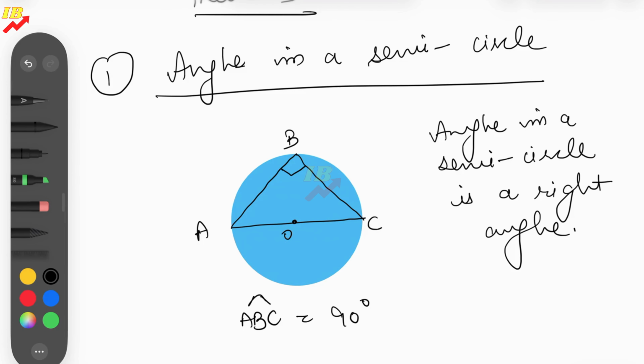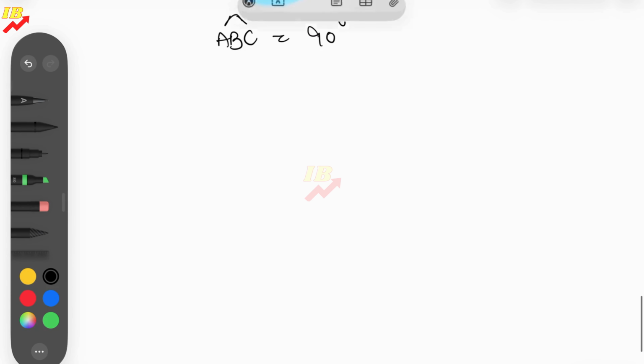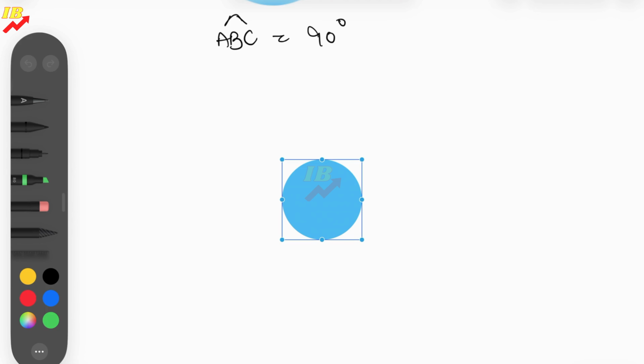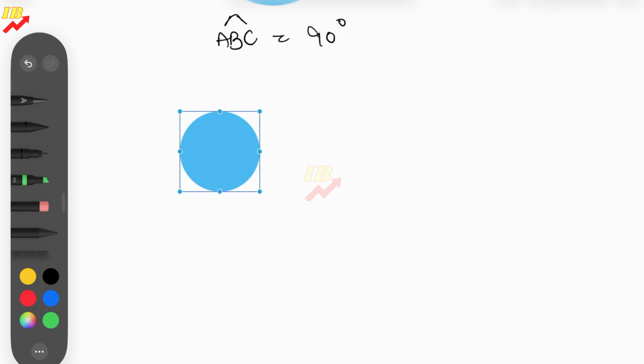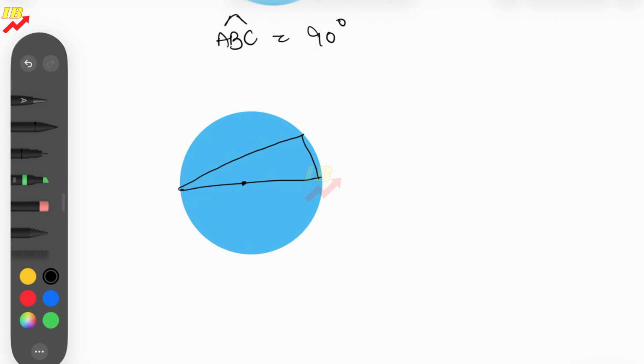If ABC can be in this way as well, let's take one more circle like this. If you mark the diameter like this, or take the vertex here, something like that, all of these angles will be 90 degrees.